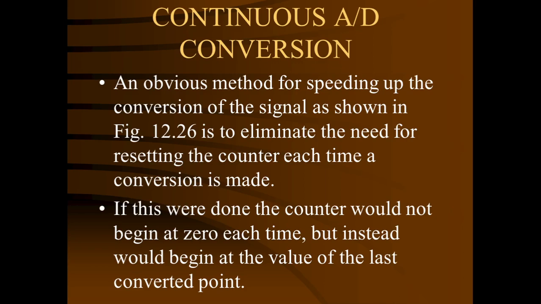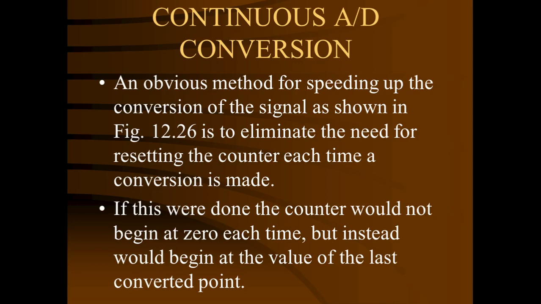The number of clock pulses required is larger. The average conversion time is half of the total number of counts multiplied by the clock cycle time. So the conversion time is larger in the counter method, because the counter always has to be reset and then started.